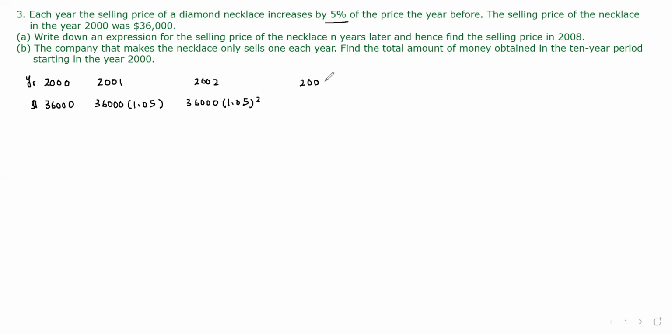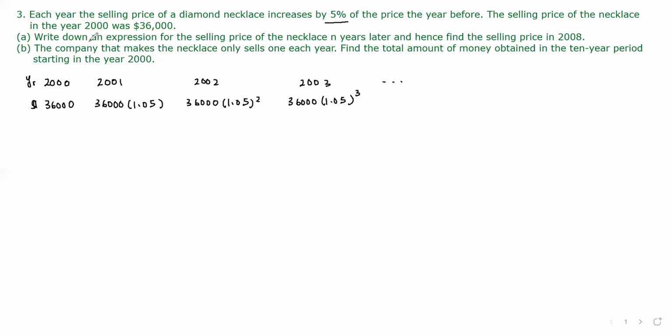And in year 2003, the price increases by 5% of the price in year 2002. So you have 36,000 times 1.05 to the 3, and so on and so forth.